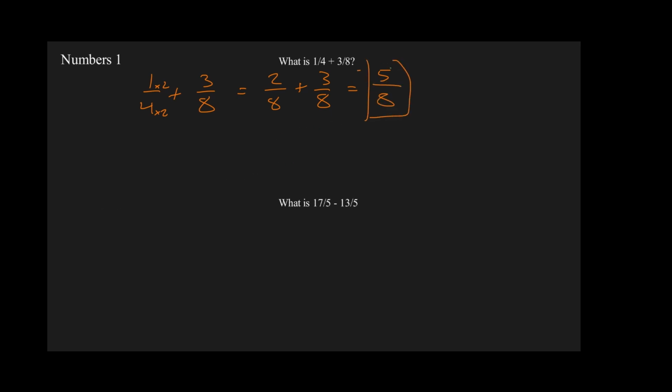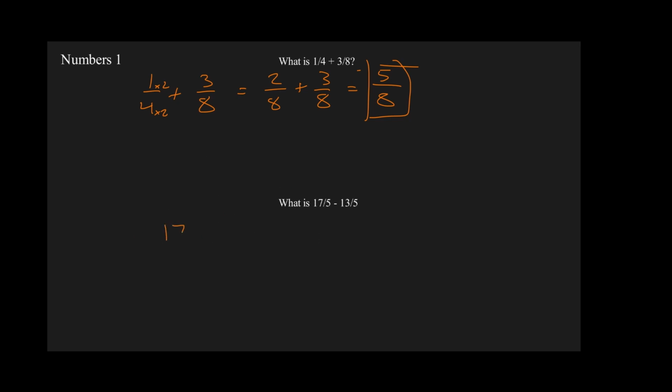That's our answer. Okay, what is 17/5 minus 13/5? So this one's a little bit different because it has a subtraction symbol. But don't be worried. Minus just means plus a negative number. This far into the course, you probably don't know what a negative number is, but that's fine. We can work with this just fine.